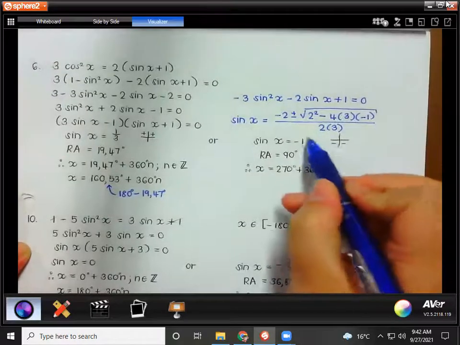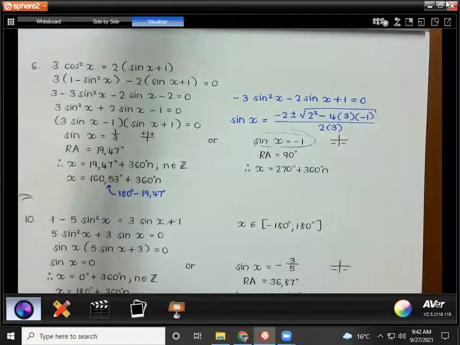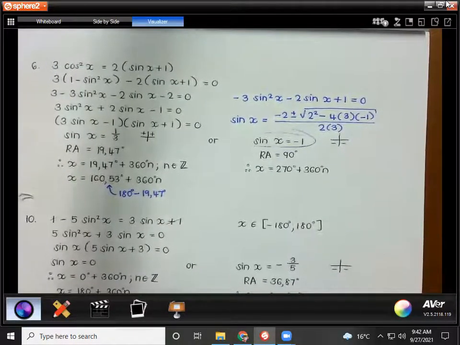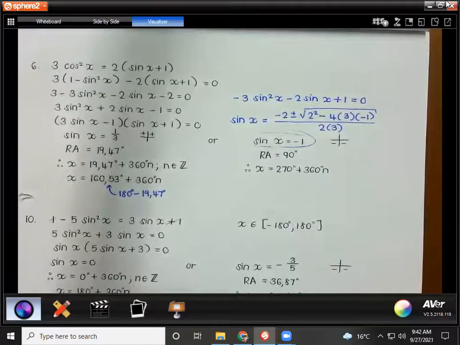Now, guys, let's quickly think of the graph of y equals sine x again. How does that one look again? Where does it start? It starts at the origin, hey, at 0. Then it goes up to 1 at 90. Goes back to 0 at 180, and then at 270, it is at -1.